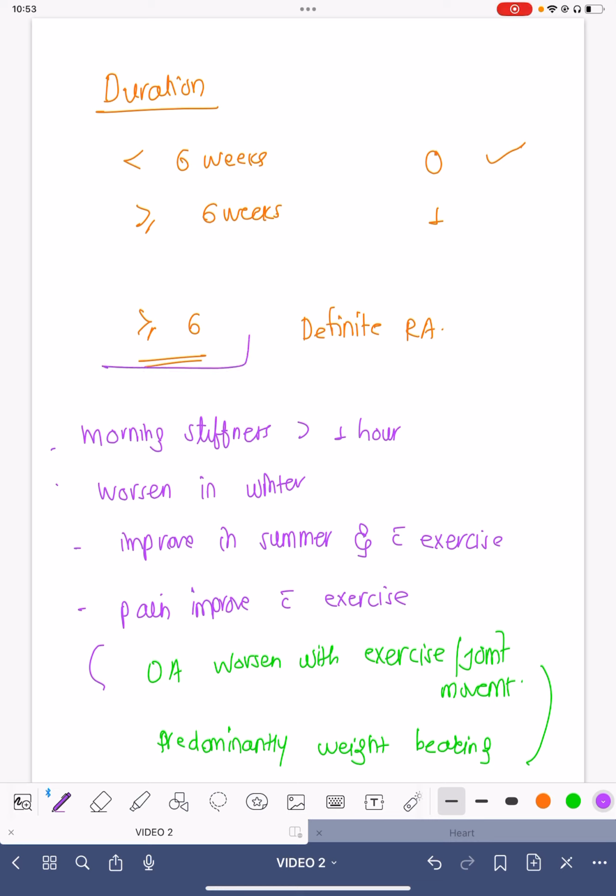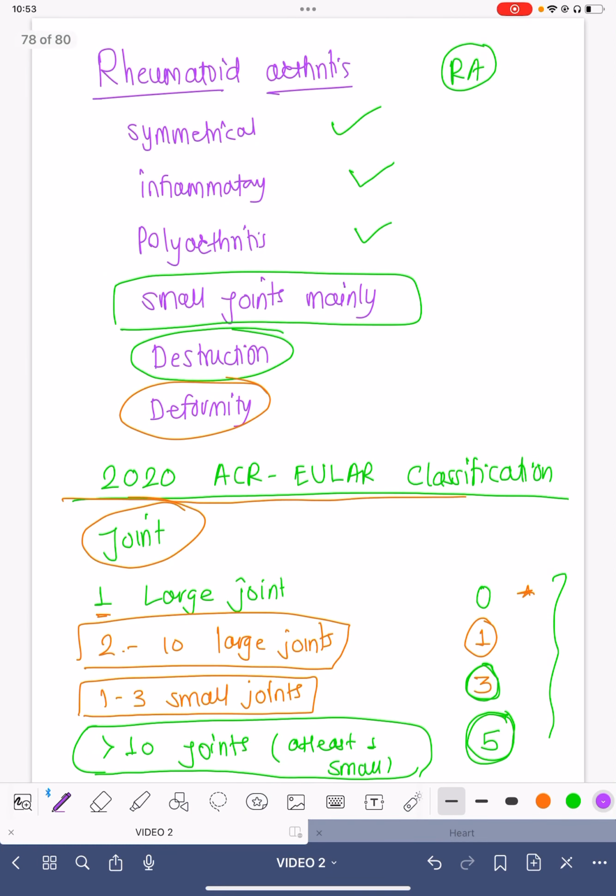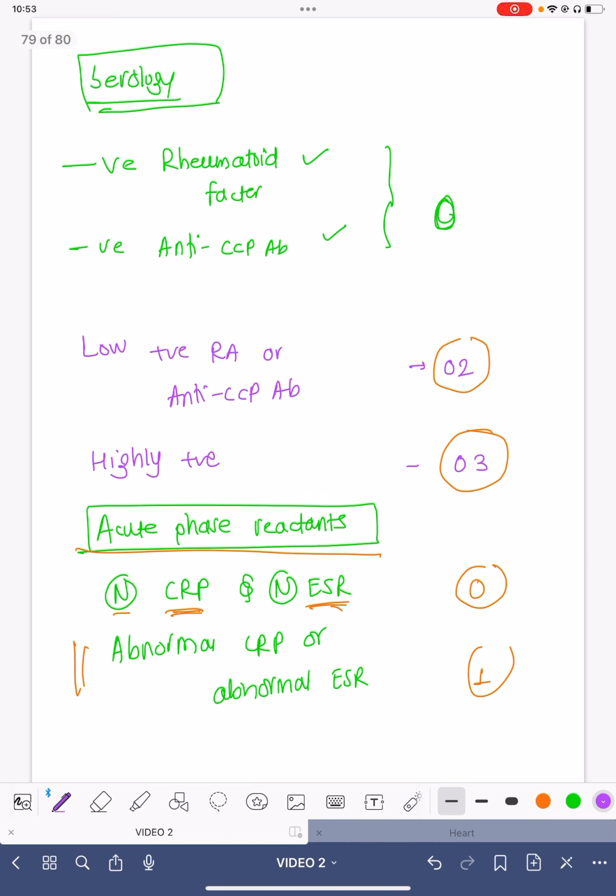If the total score is 6 or more, we say the patient definitely has rheumatoid arthritis. For example, if someone has right and left hand joint involvement, around 3 to 4 joints on the left and 3 to 4 joints on the right, then automatically it will be around 3 to 5 points. Most of the time the patient will have anti-CCP antibody or rheumatoid factor positive.